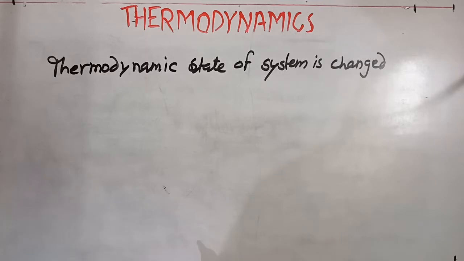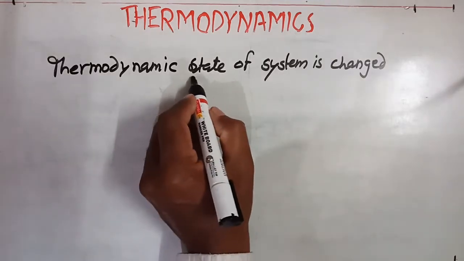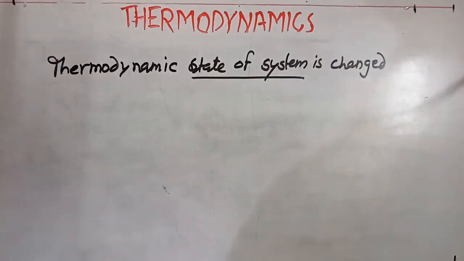Means what is the change? There is a change in the thermodynamic state of a system. So if we wish to understand the thermodynamic process, we must know what is the thermodynamic state of a system.